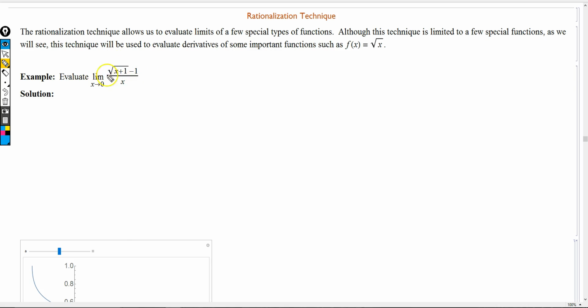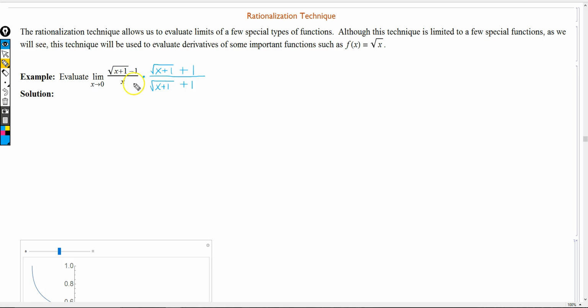So what we're going to do with this limit is we're going to multiply by what we call the conjugate of the numerator, the square root of x plus 1 plus 1. And all we're going to do is change the sign of this negative right here. We're going to make it positive. And then we're going to divide by the same thing. Okay. This is called the rationalization technique when we do this. Now, we'll see how it works.